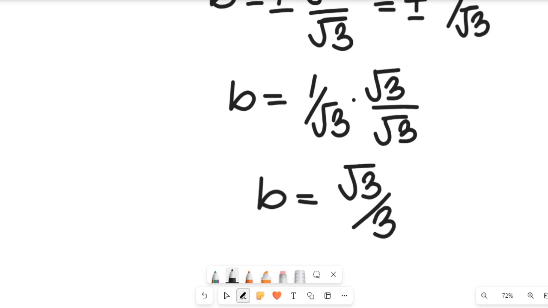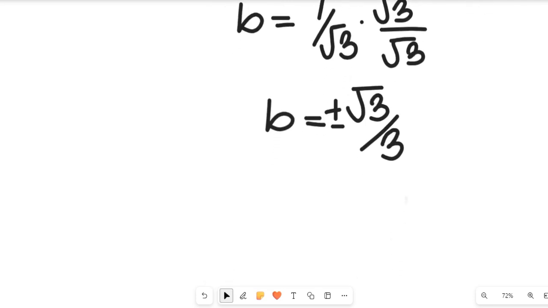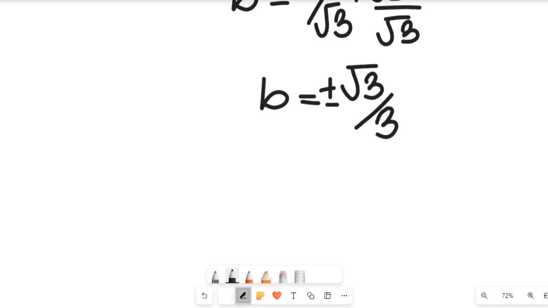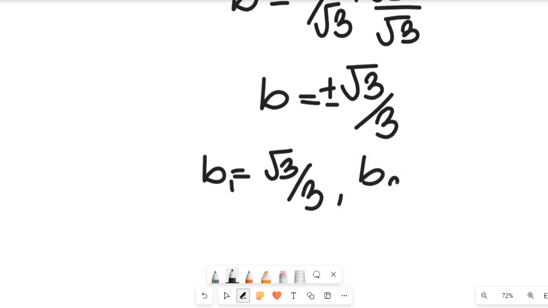So this is going to give us plus or minus root 3 divided by 3. So B equal to root 3 divided by 3, we take that as B1, and then our B2 will be equal to negative root 3 divided by 3.